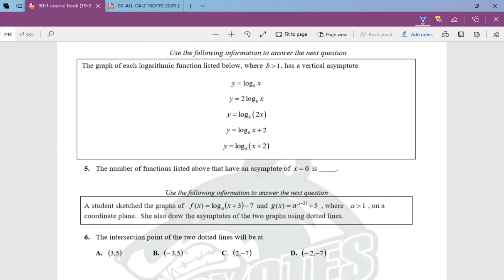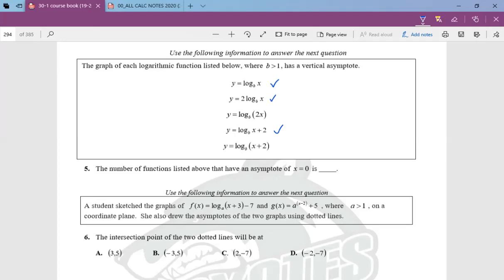So y-axis, vertical stretch, the asymptote doesn't change. If we have a vertical translation, it doesn't change. But if we're looking at these last two are horizontal components. And so this is where we're going to have a vertical asymptote changing.